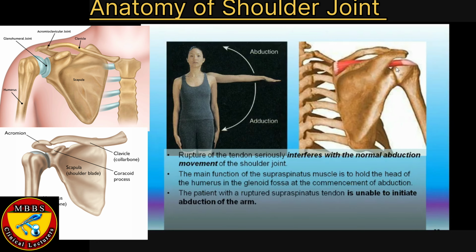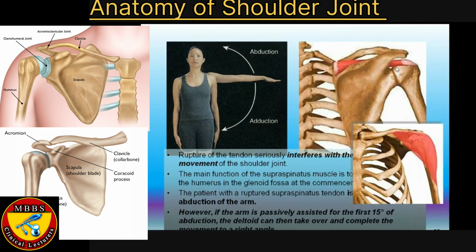So the patient with a ruptured supraspinatus tendon is unable to initiate abduction of the arm. However, if the arm is passively assisted for the first 15 degrees of abduction, the deltoid can take over and complete the movement.